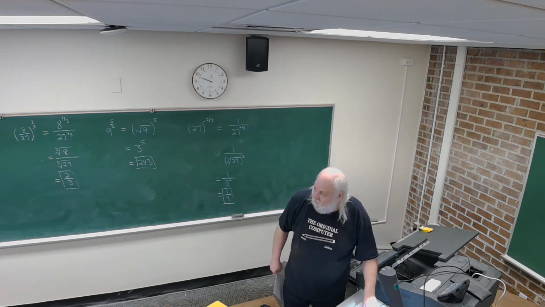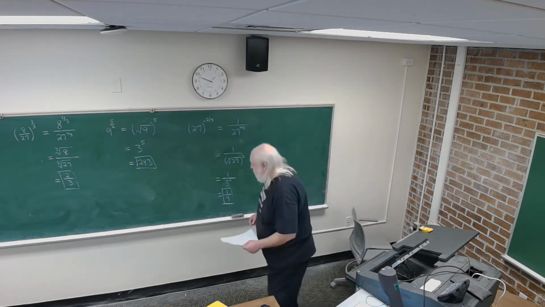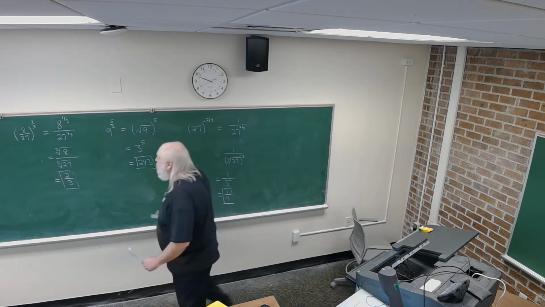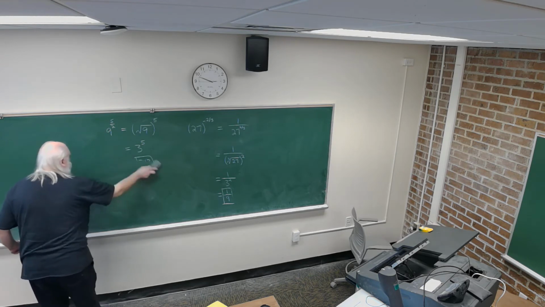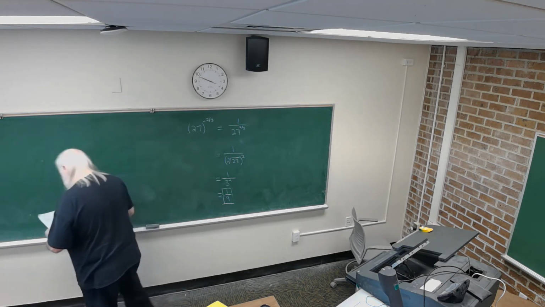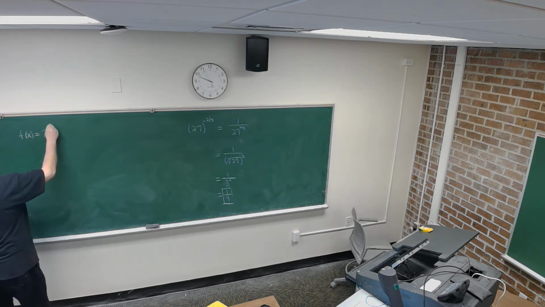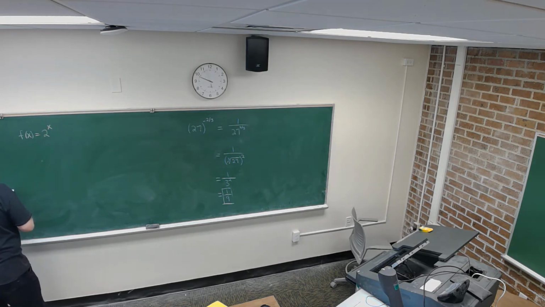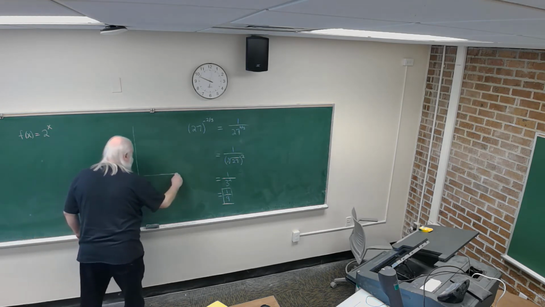In example 2, we're going to graph each of the given functions. So the first one we're going to graph is f of x equals 2 to the x. And I have provided you with a grid. Here's the grid that I provided you with.